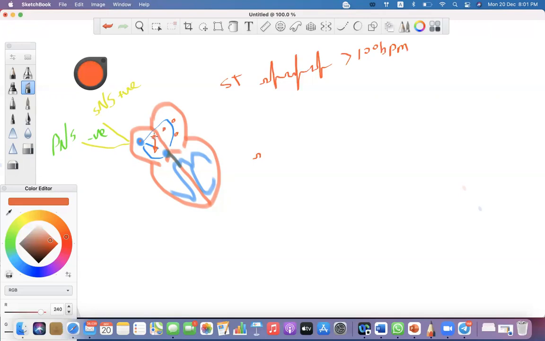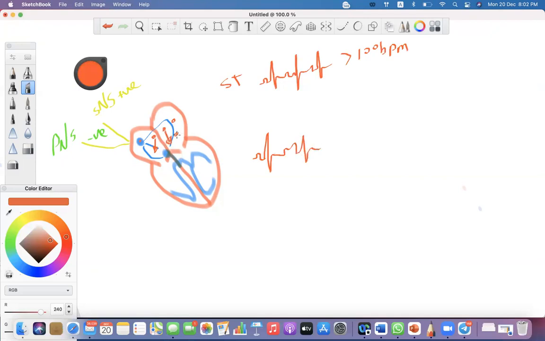If this node fires, it will stimulate the atria, producing a P wave like this. Then the impulse reaches the AV node and the ventricles, producing a QRS. Then this focus stimulates the atria from another part, so the P wave will have a different shape like this. Then electricity reaches the AV node and ventricles, producing the narrow QRS complex.